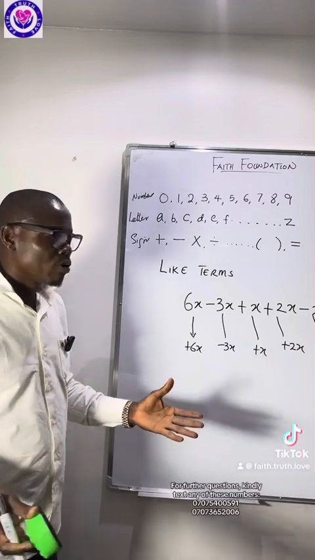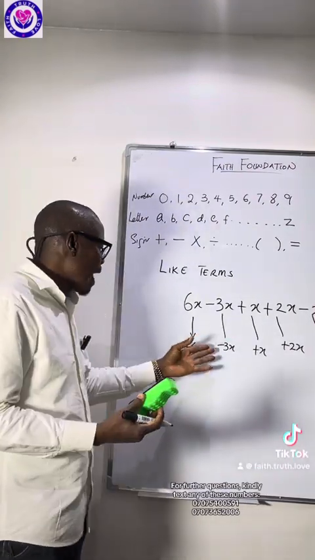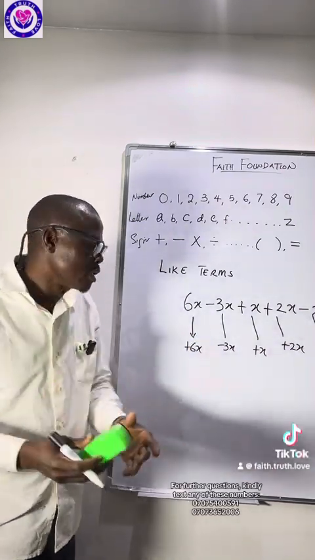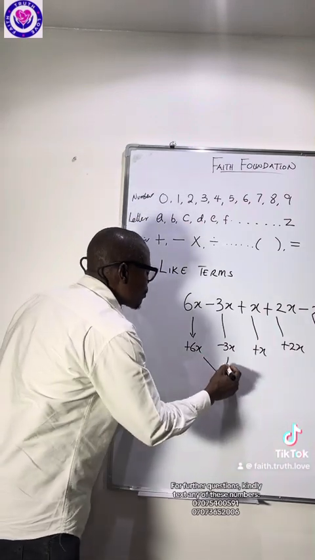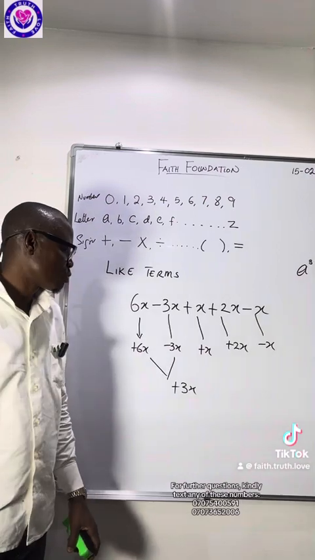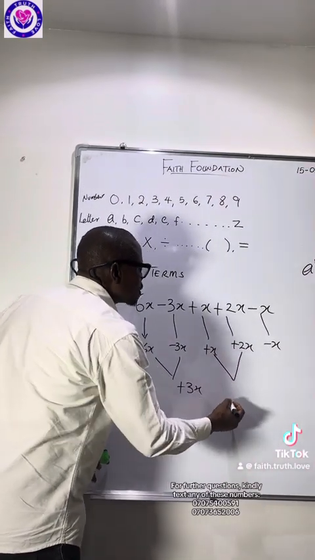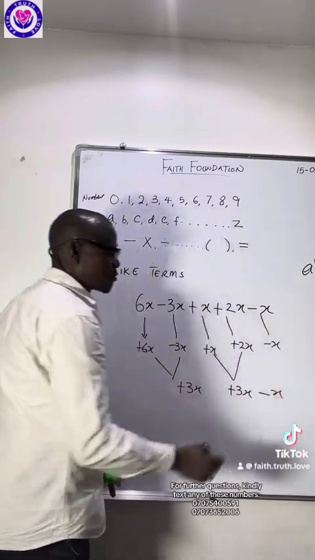We said before that positive plus is what you have, minus is what you borrow, what does not belong to you, but you borrow it. So if you say plus 6 minus 3, you simply have plus 3x.